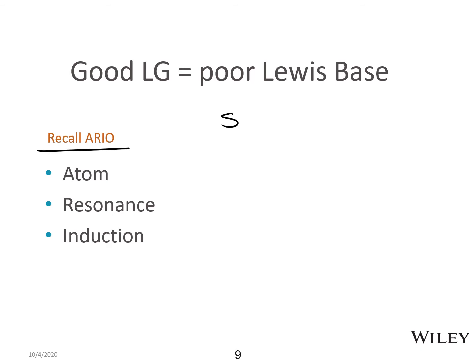So for instance, sulfur being a leaving group versus oxygen being a leaving group, which one of these is actually better at handling the negative charge in terms of atoms? That would be one criteria that we look at.